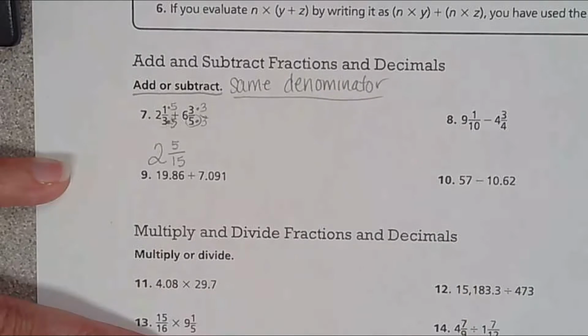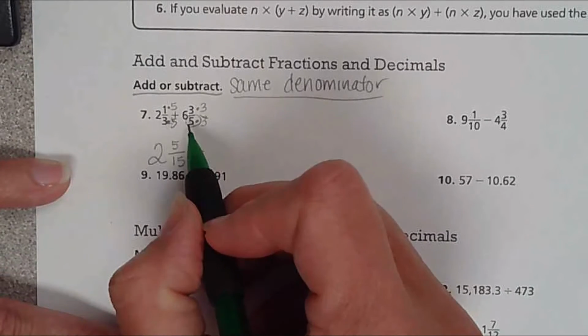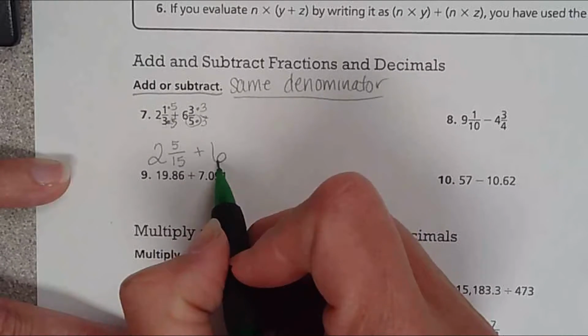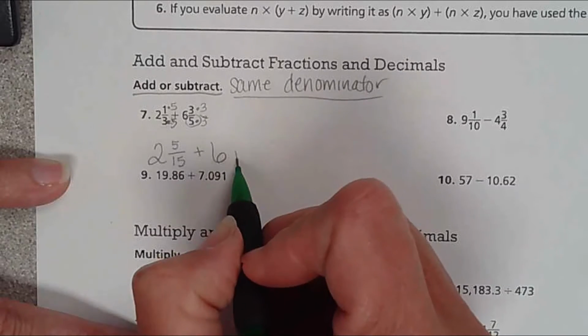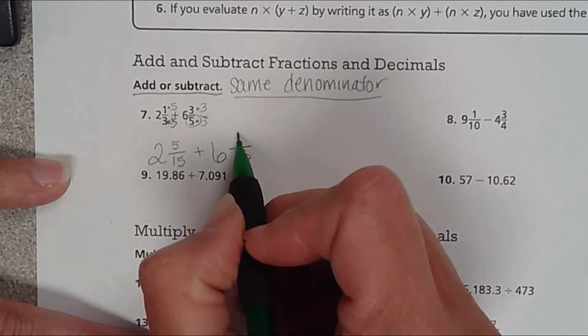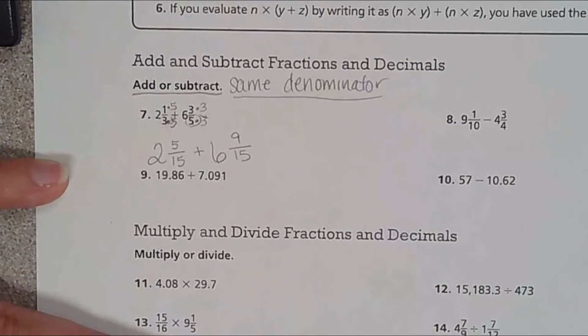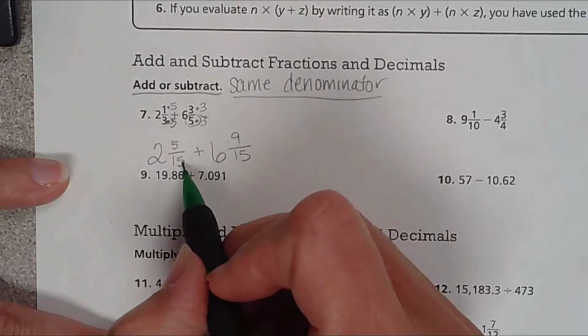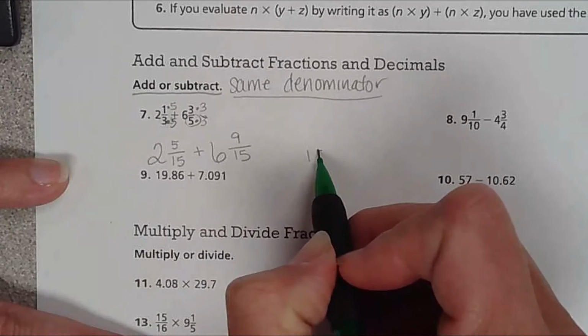2 and 5/15 is the same as 2 and 1/3. Plus, the 6 stays the same. 5 times 3 is 15. 3 times 3 is 9. And now that I have the same denominator, I can just add across the top and across the bottom. So the 15 stays the same.